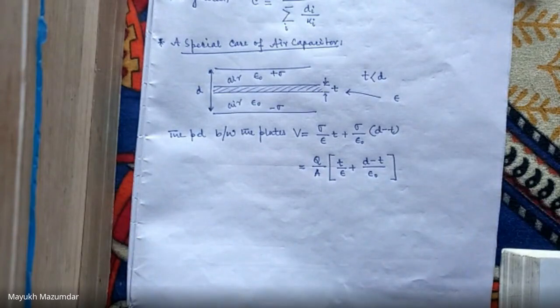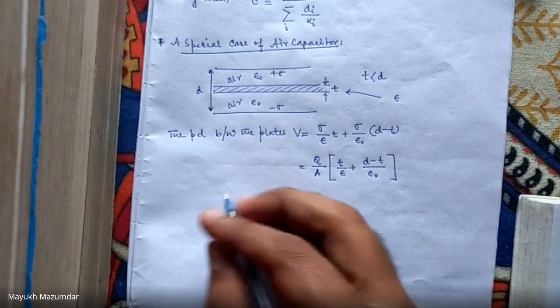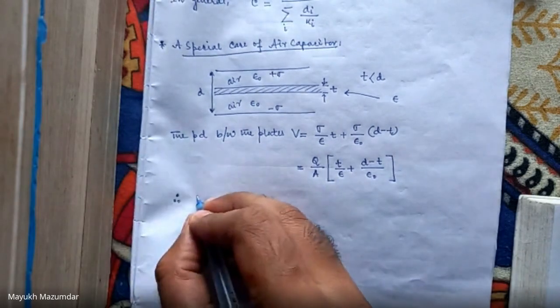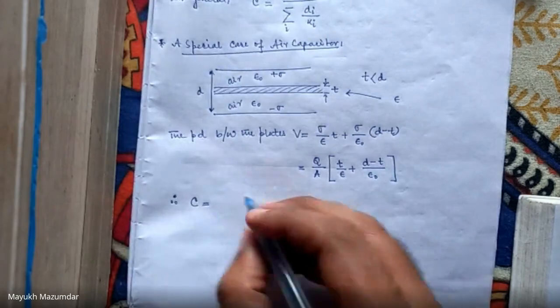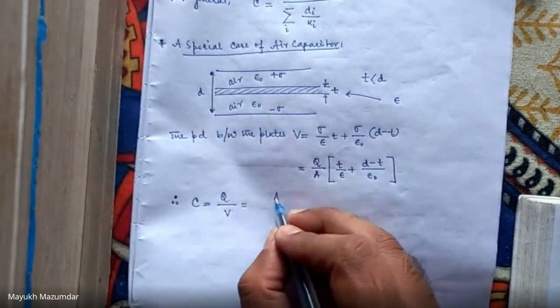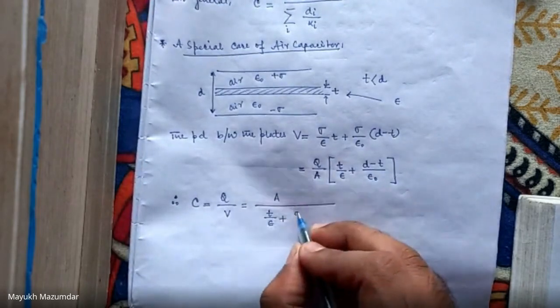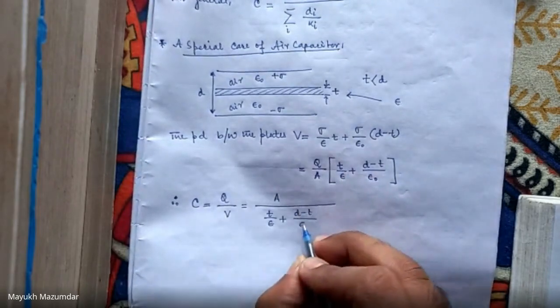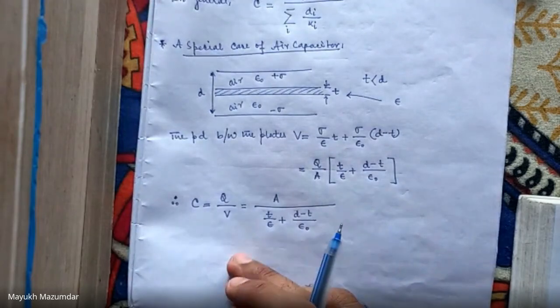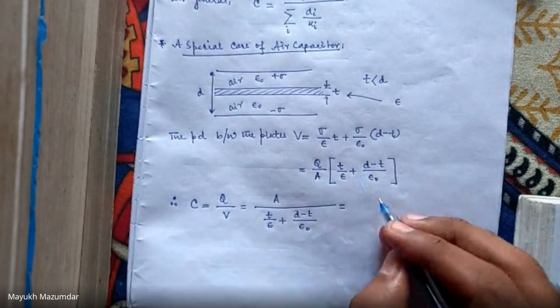I think it would look something like this. So what about the capacitance? The capacitance would look like this. Again, we can write epsilon in terms of epsilon 0.